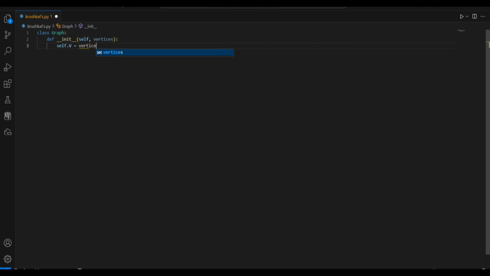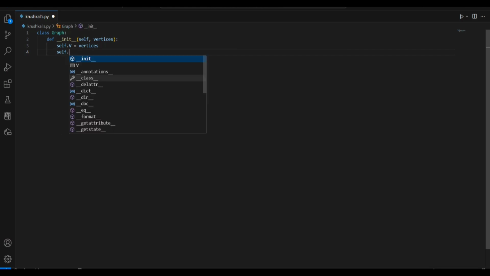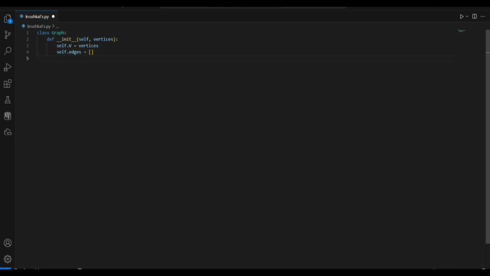Self.v equals vertices, the number of vertices. Next, edges equals an empty list to store all the edges.